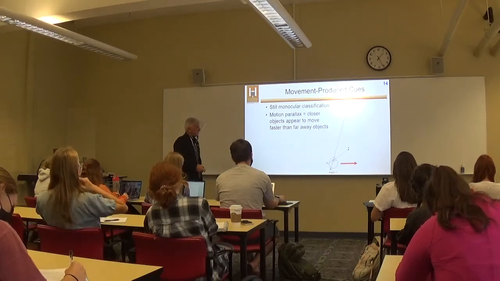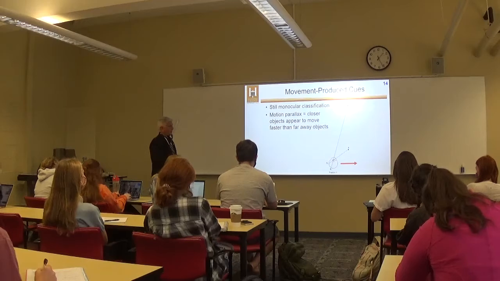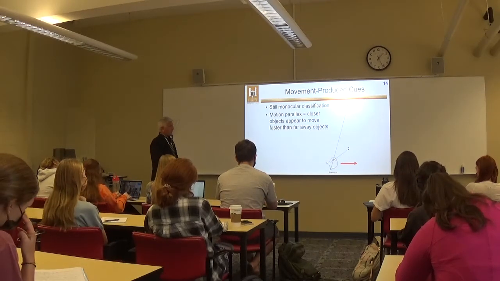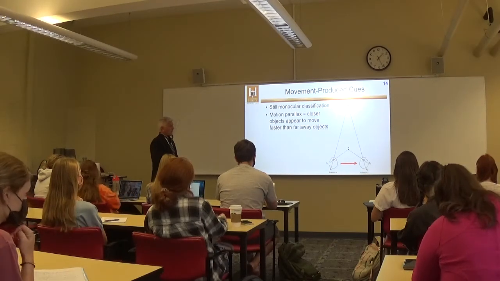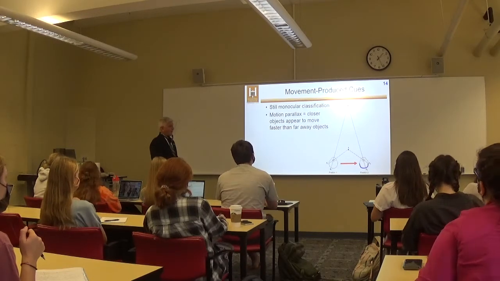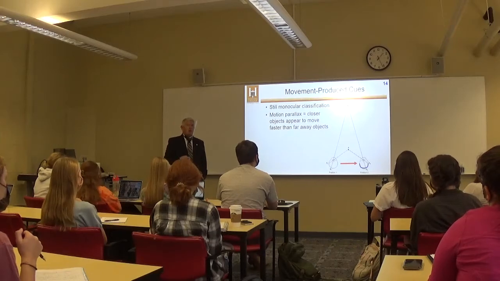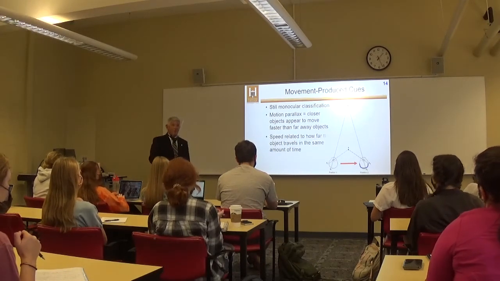So here, let's look at it this way. If we start out, and we're going to move our eye from position 1 to position 2, and A is close to us, and B is far away. This is where they are on the retina, right? And we're going to move over here. A moved that far, right? And B only moved that far. So our perception of that is that A is traveling a lot faster, right?